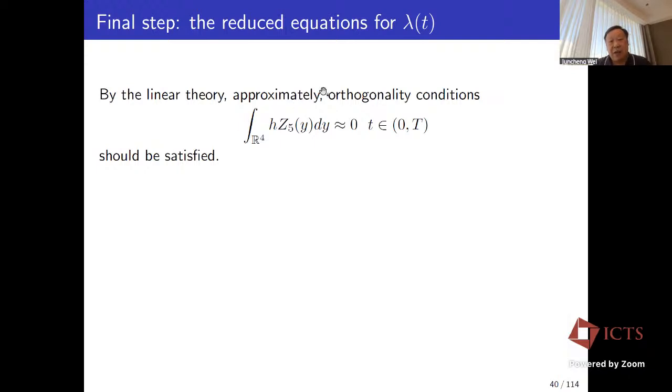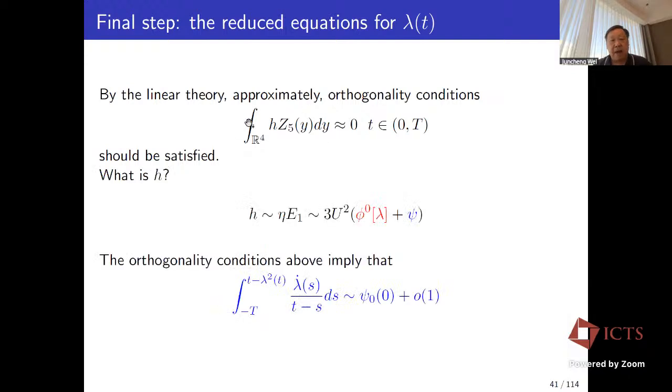Okay, so in the end, we need to solve this, which will contain the dynamics, and from this what we get is this kind of dynamics. This is a non-local ODE now. So unlike dimension 5, where it is lambda dot equals lambda to some power, in dimension 4 our dynamics is a non-local ODE.